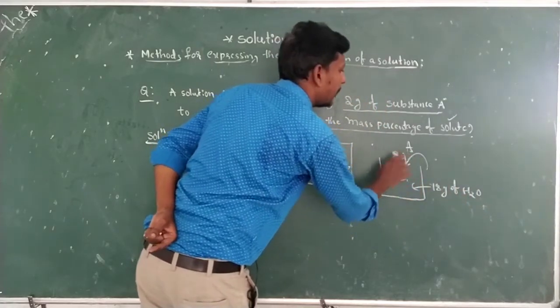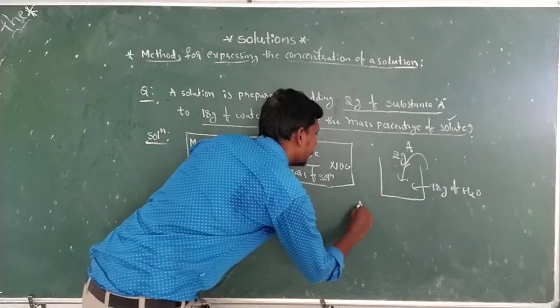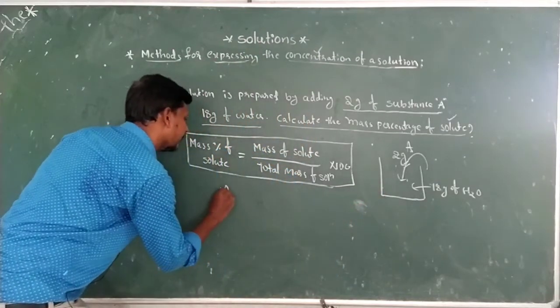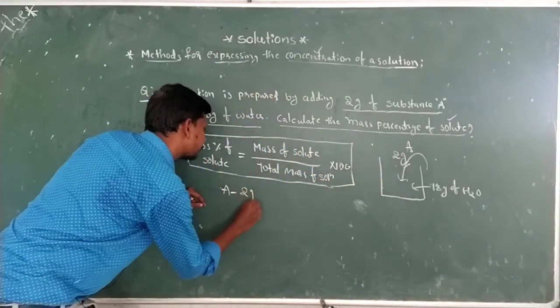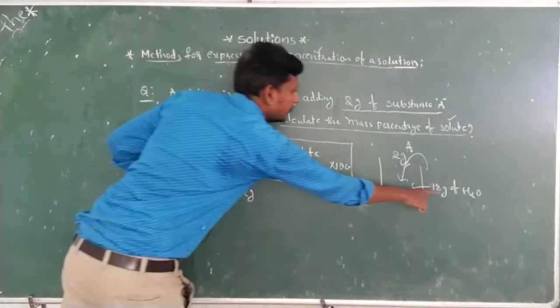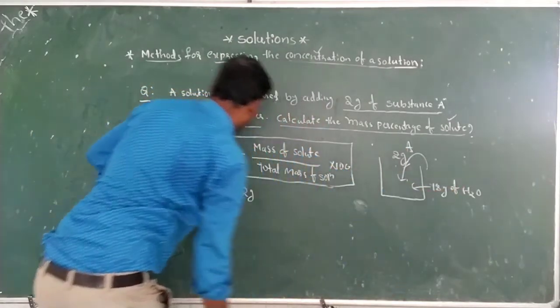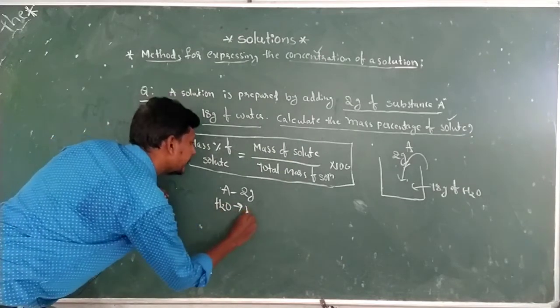This is the first component, A, with a mass of 2 grams, and the second component, H2O, has a mass of 18 grams.